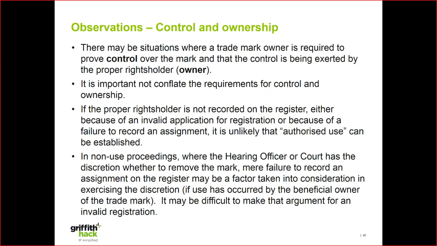So let's do a sort of recap. Some of the observations about this case in particular, where you've got these issues of control and by the owner, I think it's important not to conflate the two tests.